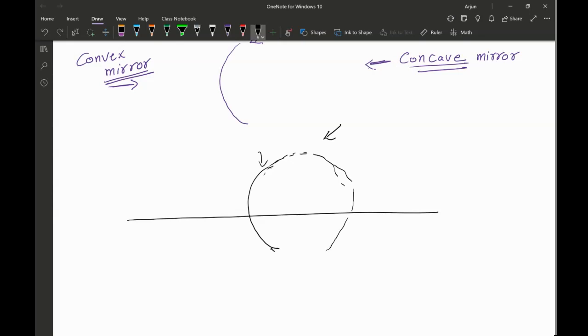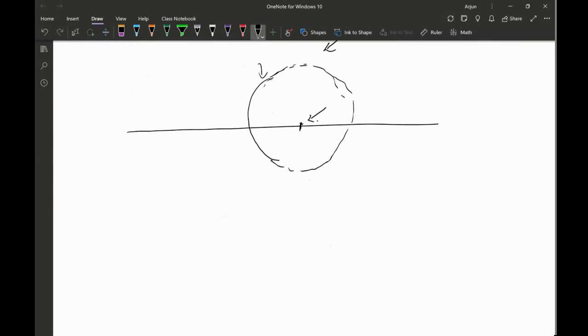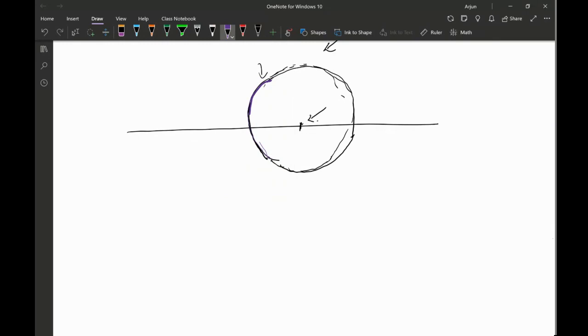If I draw it properly, it's going to look like a circle, and a circle always has a center. That center of this circle is the same for this curved mirror too, isn't it? So they both share the same center.